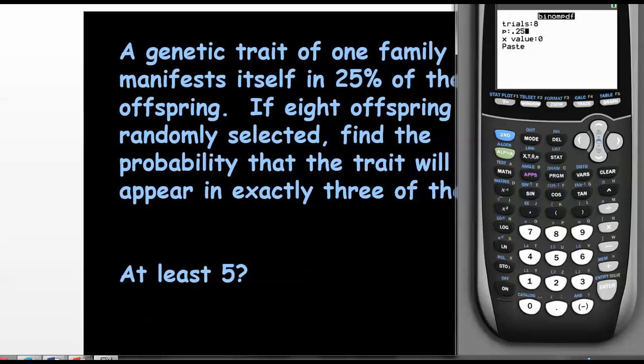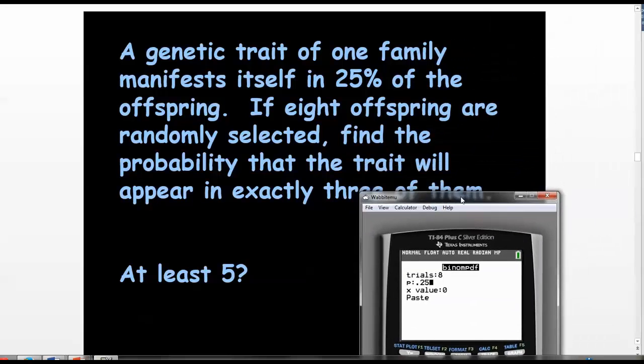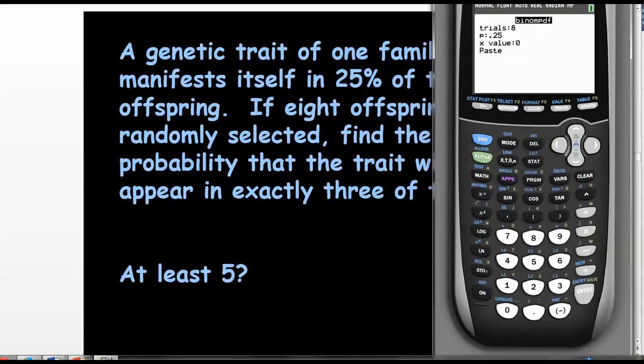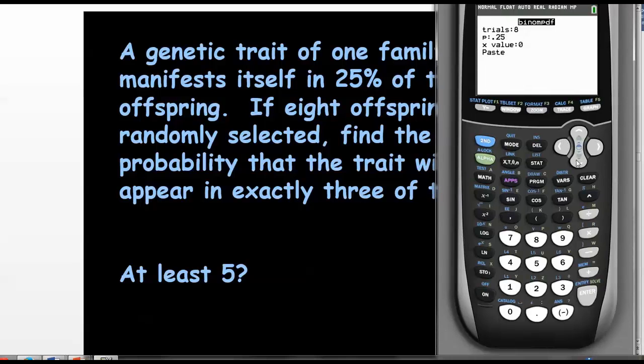So we're looking at how many of them have the trait. And I want to know exactly 3 of them. So then I just hit enter from there. And that's what it looks like from the main screen. And so about 20.7% of the time, or about 21% of the time, I would find 3 children that have this particular genetic trait. Okay, well, what about at least 5?